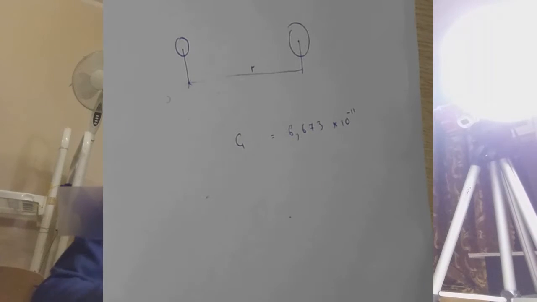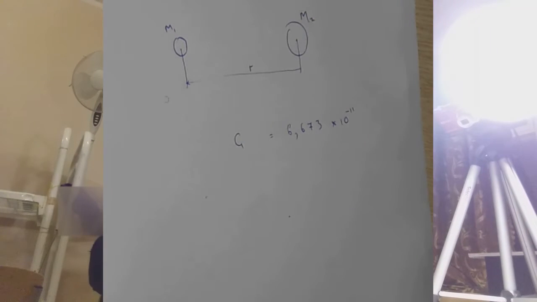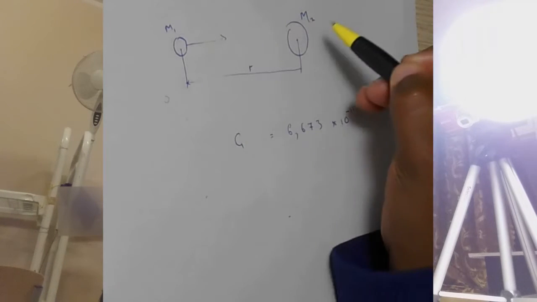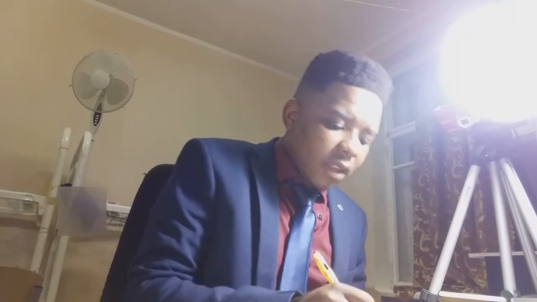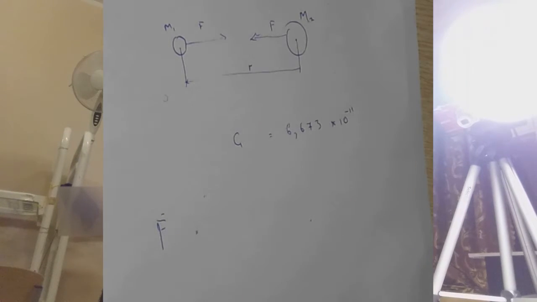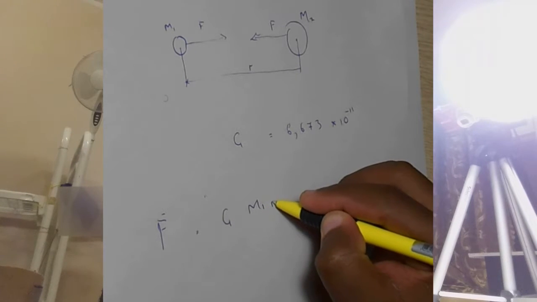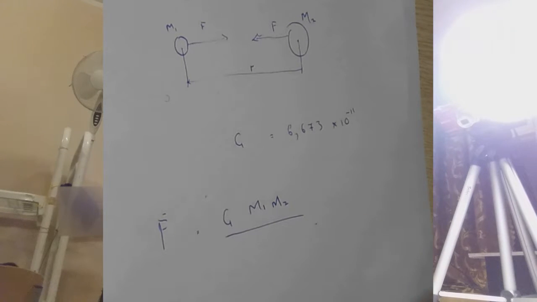And then if this is known, and here we have m1 and we have m2, these are our masses. So the forces of attraction, this is the direction of the forces, and this force is equal between the two objects, and the force is given by this formula: G multiplied by m1 multiplied by m2, divided by r squared.